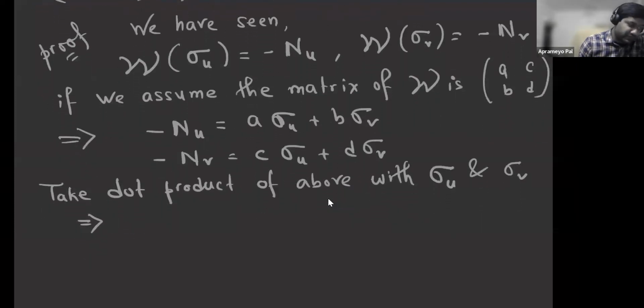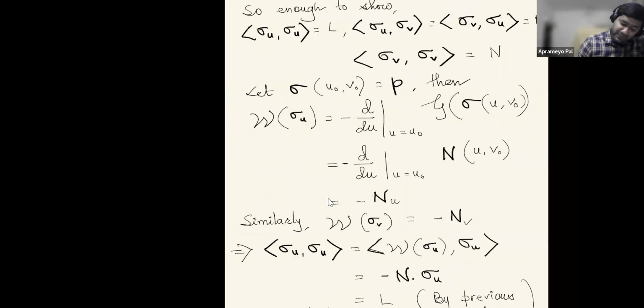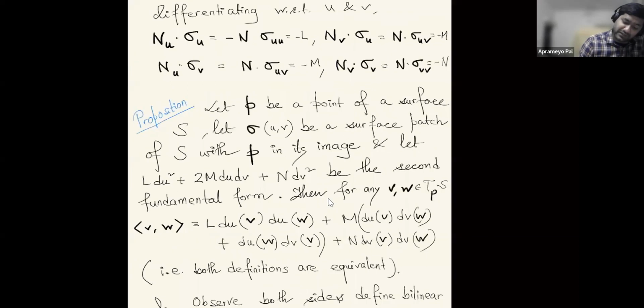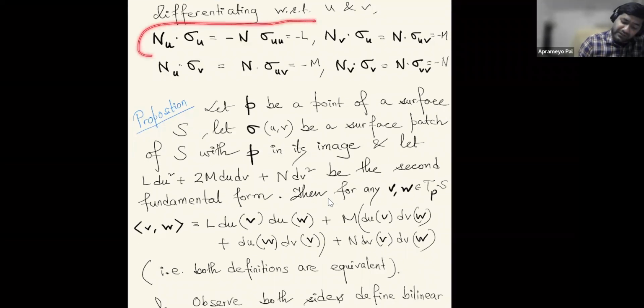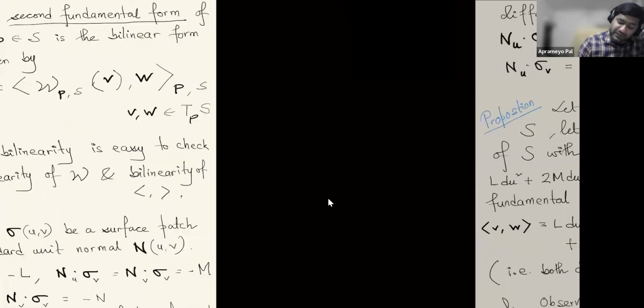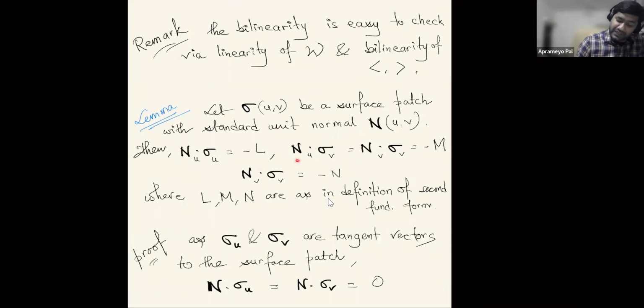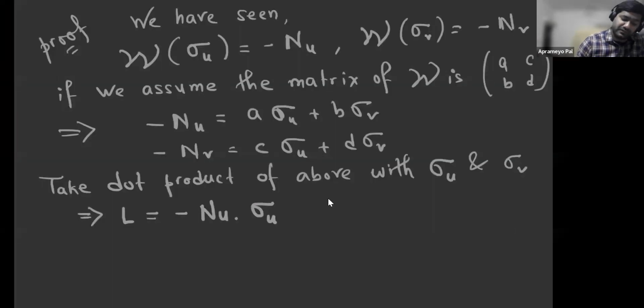This gives, the first is minus L, I'm sorry, L: this is minus Nu times sigma u. This is another relation we have seen. Let me show it again here. So Nu dot sigma u is minus L. And similarly, Nv dot sigma v is minus N. Nu dot sigma v, which is Nv dot sigma u, is minus M.